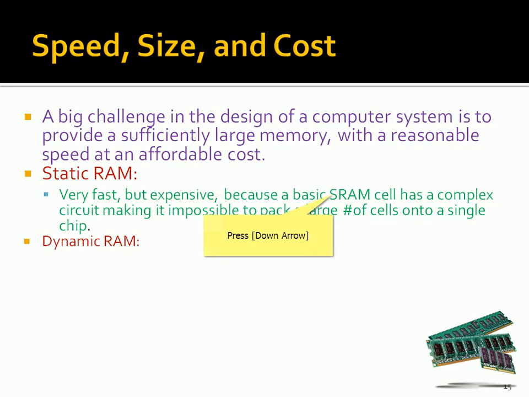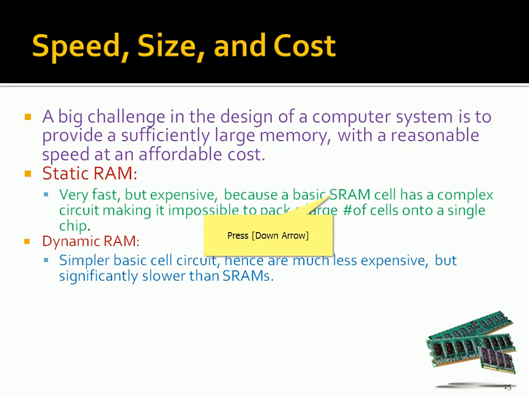Dynamic random access memory, we have seen, has a simpler basic cell circuit, one transistor and a capacitor, right? Hence it is much less expensive, but significantly slower than SRAM. The accessing is slower compared to the SRAM. The other alternative is the magnetic disk, with which we can build a large, huge memory.